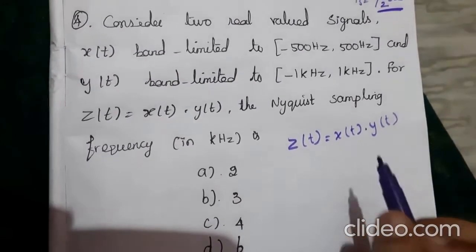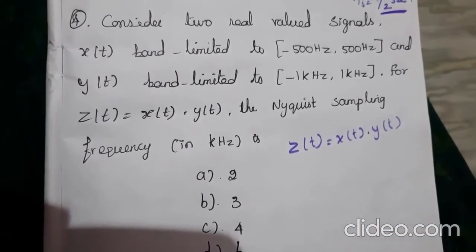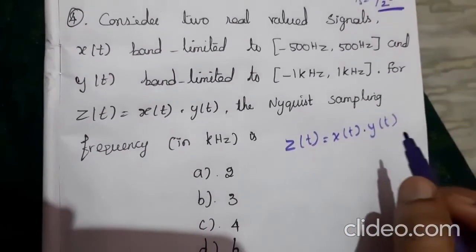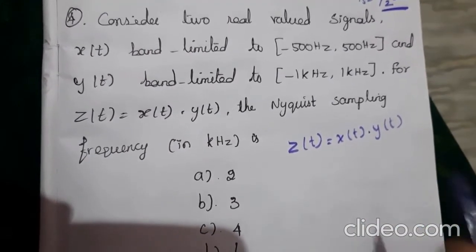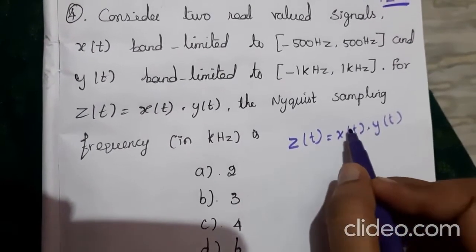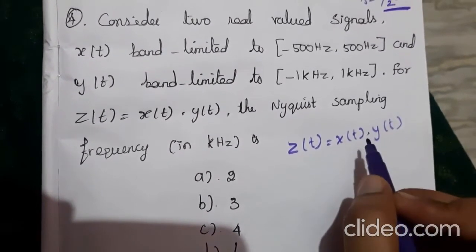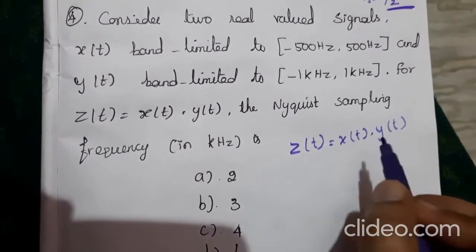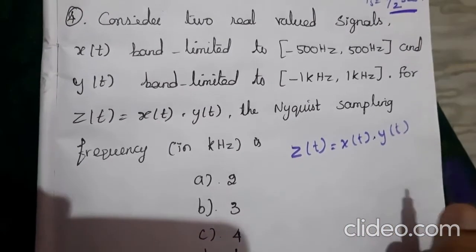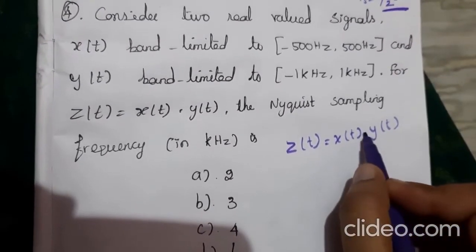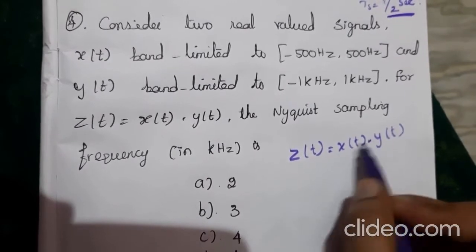For an added signal we pick the maximum frequency value, and multiplication means we have to add the frequency values. Each signal has different values, and we have to add them. So here also it is a multiplied signal.